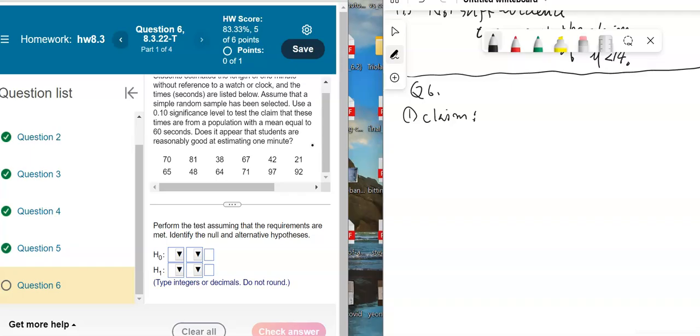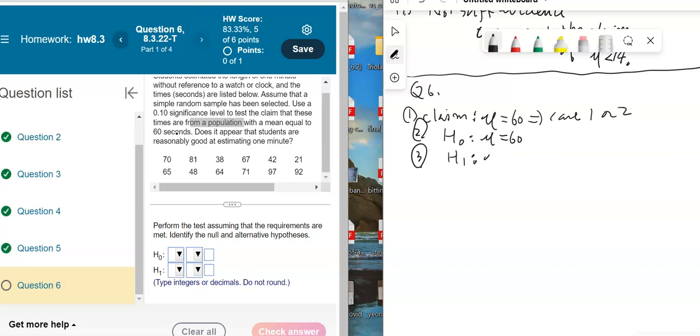Anyway, so the claim is, look at the test claim: the tested claim is that the mean is equal to 60 seconds. In other words, mean is 60, which is case 1 or 2. Null hypothesis is mu equal to 60.